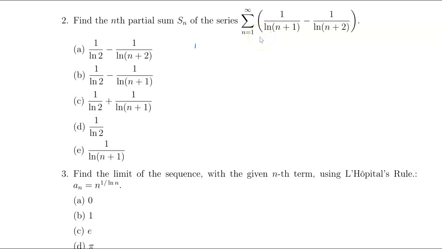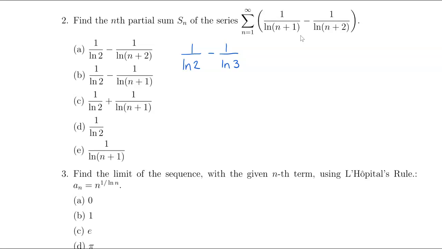So you will have 1 over ln of 3... so 1 over ln of, n equals 1, so 1 plus 1 is 2, ln of 2, minus 1 over ln of 3.